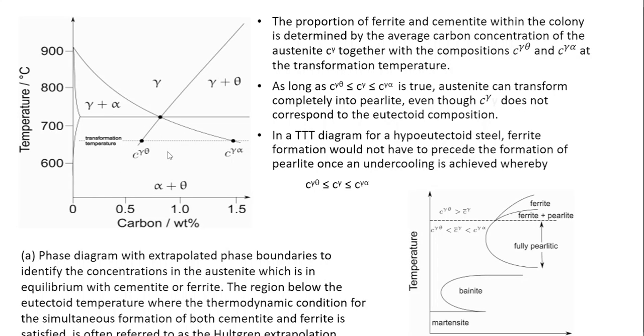So even though you have a non-eutectoid composition of the steel, it is possible that you can get 100% pearlite if the composition and temperature combination lie within this extrapolated Hultgren region.